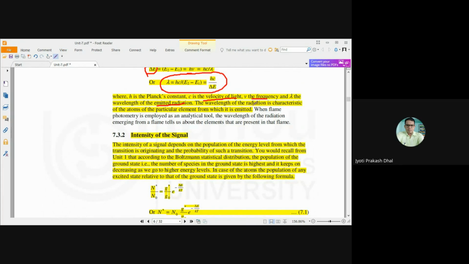The wavelength of the emitted radiation is characteristic of the atom of the particular element from which it is emitted. So that means we can analyze the wavelength or frequency of the radiation, and from that value we can say which atoms are present in the sample, because all the different 118 atoms will emit electromagnetic radiation of different frequency or different wavelength.